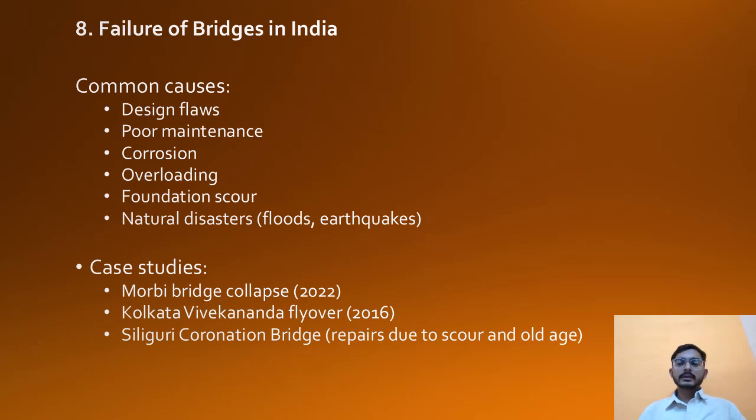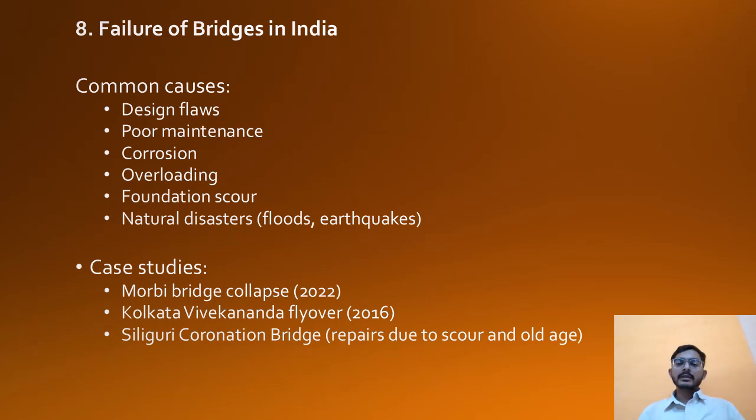If the bridge is built of steel structure, then we should also be aware of corrosion. Whatever precautions can be taken for maintenance should be taken on a periodic basis. Then overloading, there should not be any overloading on the bridge.